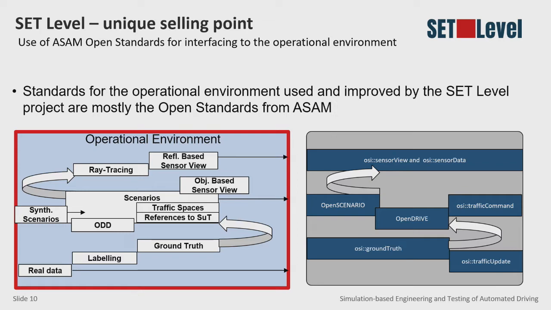Open Scenario and Open Drive are standards to describe scenarios itself, and traffic spaces. Both of them can use OSI, for example, to create traffic commands, to make an ego vehicle moving, or to make other objects moving, like cars, other cars, or pedestrians, or cyclists, or whatever elements also happen in urban environments and so on.